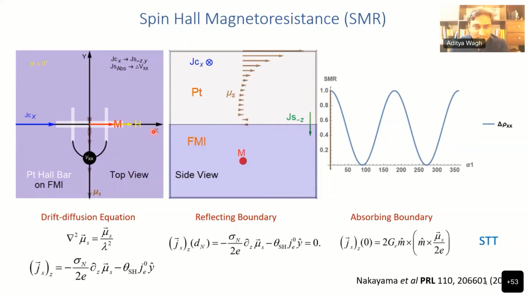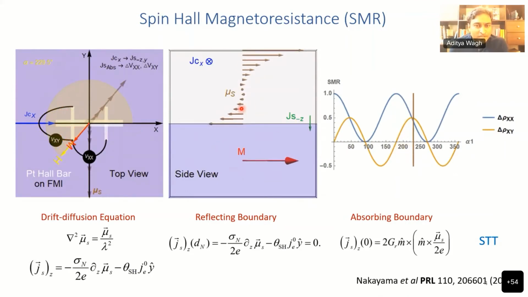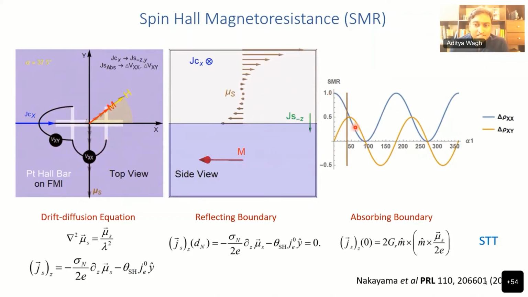So in this scenario, the resistance of platinum is higher than the equilibrium value. This simulation shows that as you rotate the magnetic field, the spin accumulation mu s in the bulk of the platinum changes, and that modulates the resistance of the platinum.